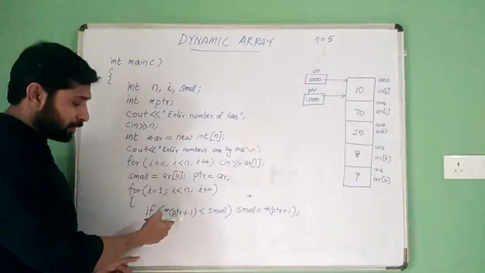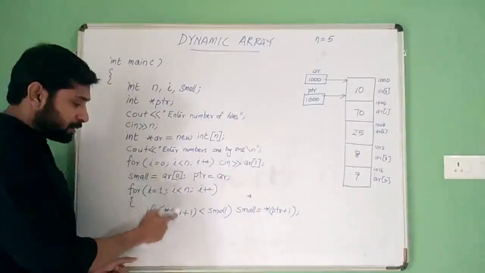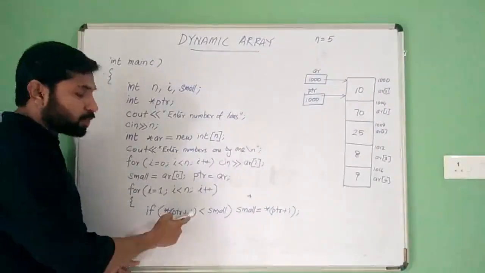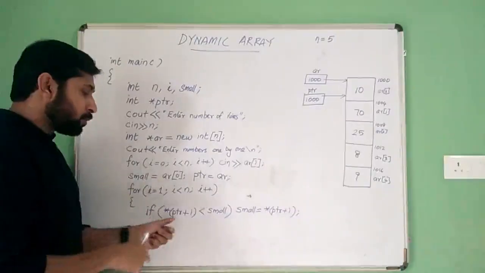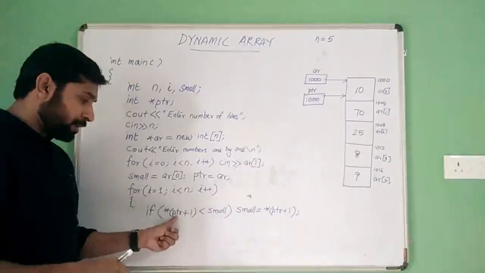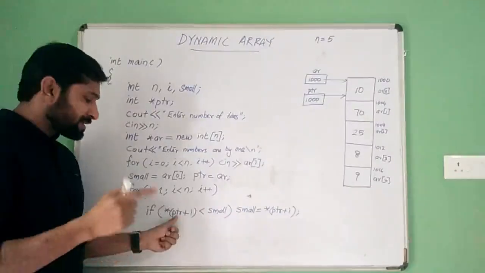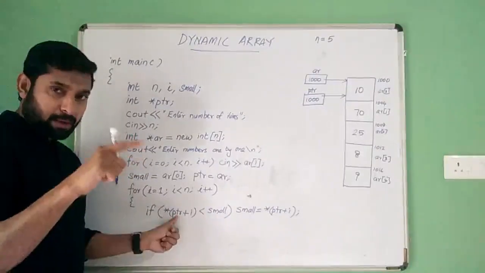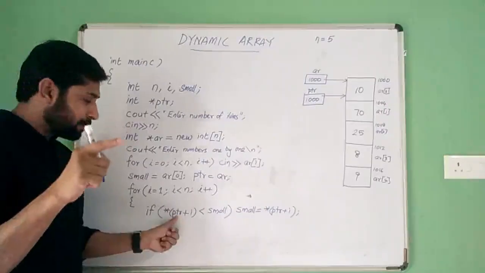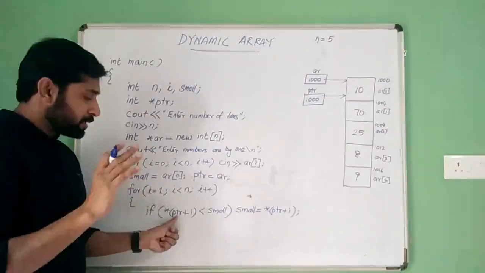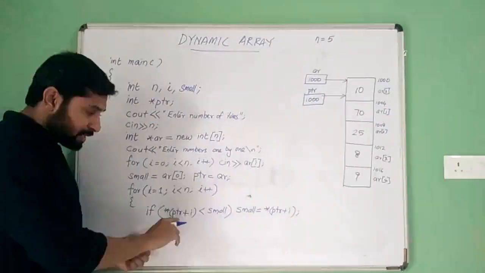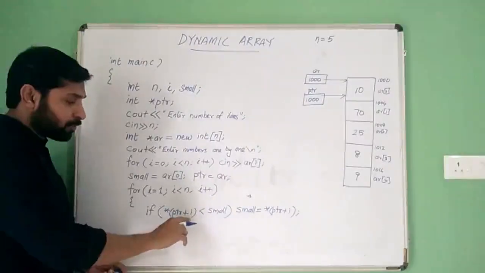PTR is 1000, that we know. I is 1. So PTR plus 1. Adding 1 to a pointer adds the size of the data type. So here it is integer, so it is 4. So 1000 plus 4, 1004.